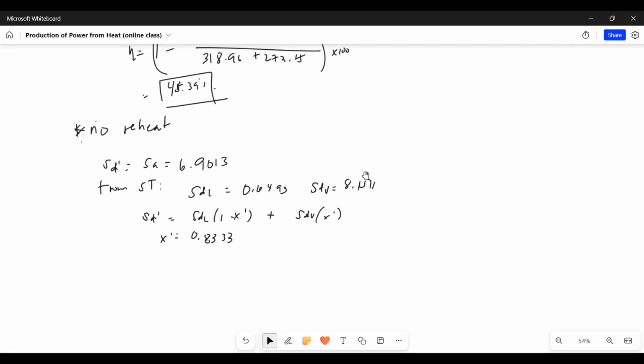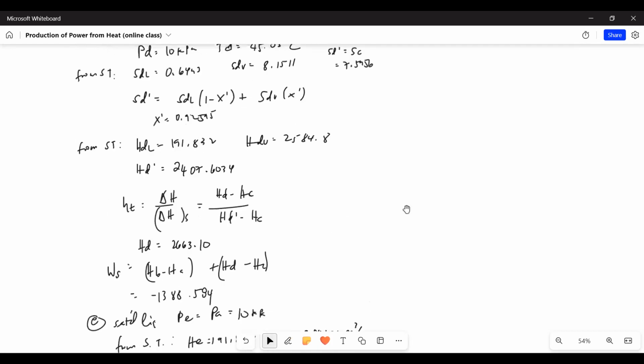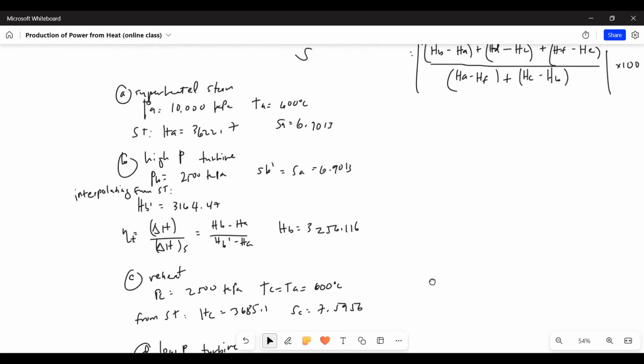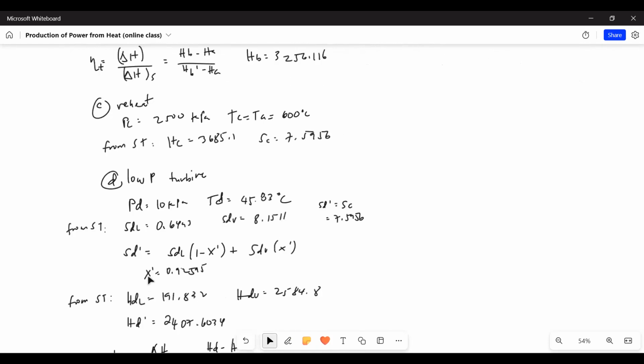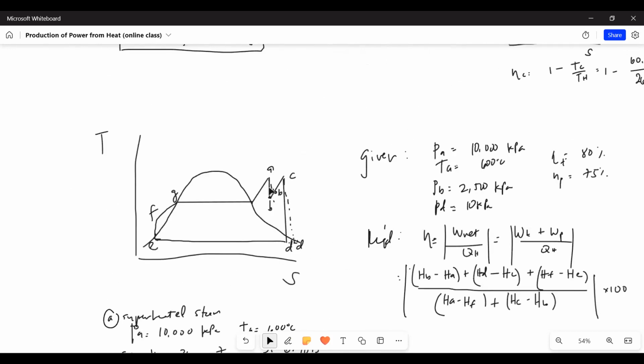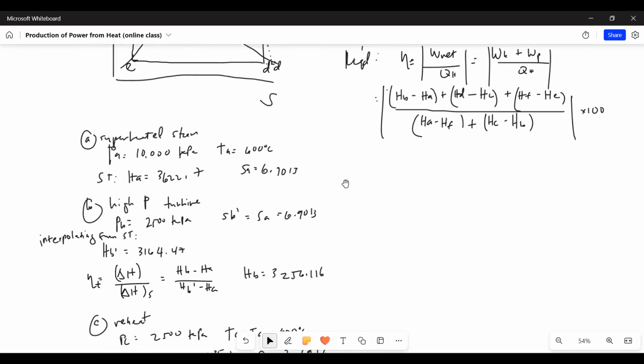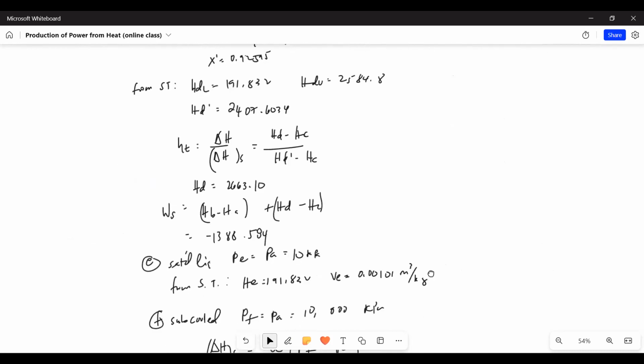The previous quality is x equal to 0.92595. But what we got without reheat is 0.833, because it expanded to a point that is farther away from the saturated vapor curve. So the moisture is higher, quality is lower.